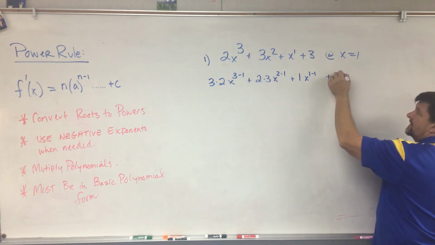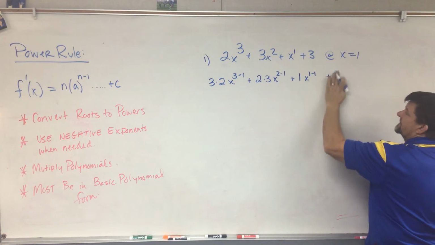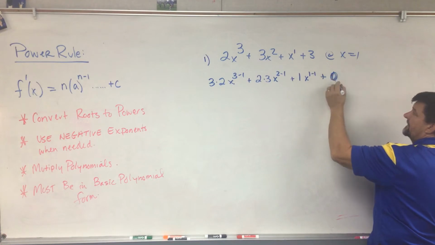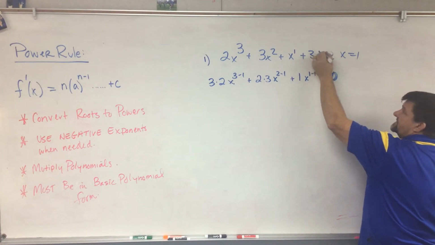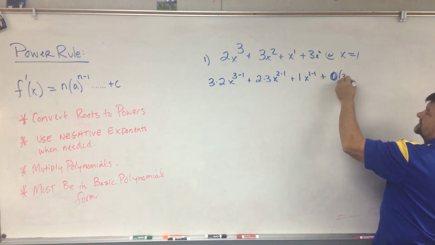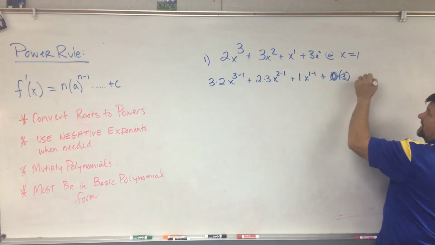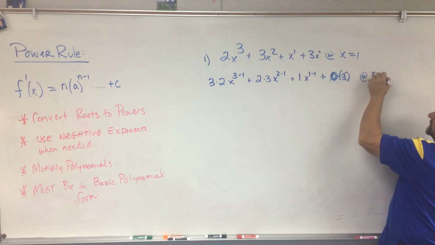Plus 3, plus 0, because this is x to the 0 power, 0 times 3, and so that pretty much cancels that out. And we're still going to do it at x equals 1.